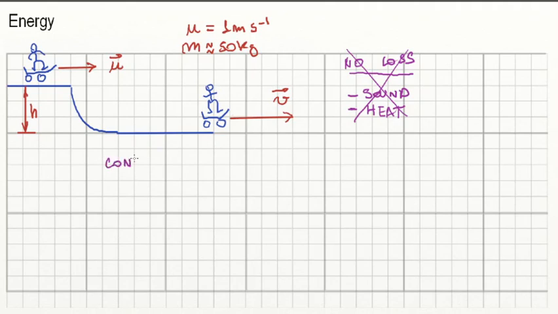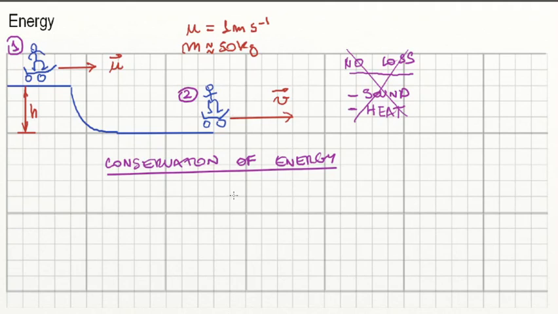So we need to apply our conservation of energy. So what does that mean? Well, the energy before has to be equal to the energy after. So I'm going to label this point 1 and I label this point 2. So the energy at point 1 has to be equal to the energy at point 2. So what is the energy at point 1?